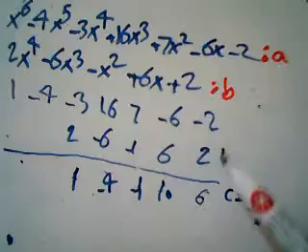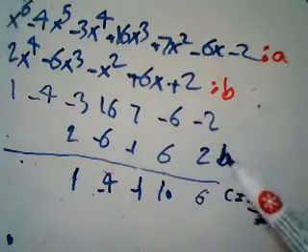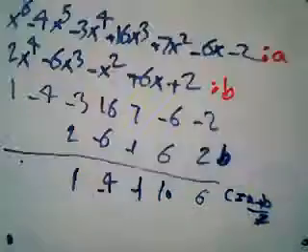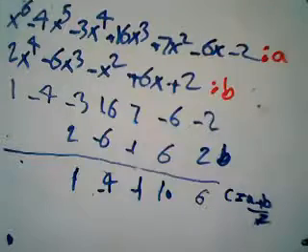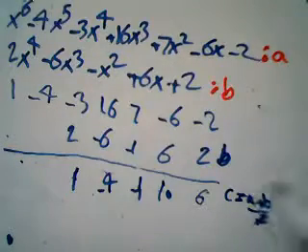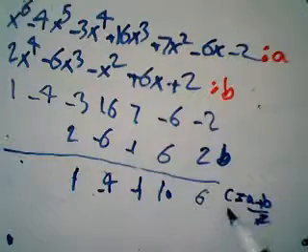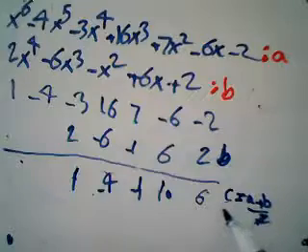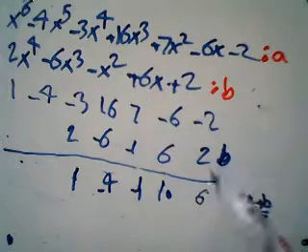Okay, this is c. And let's have another polynomial of the degree of 4 by multiplying c by 2 and subtracting from b.